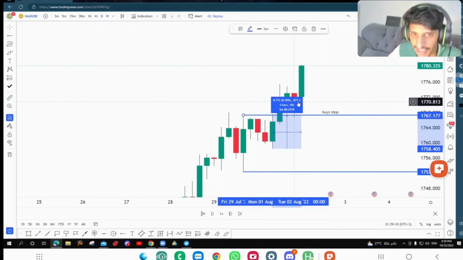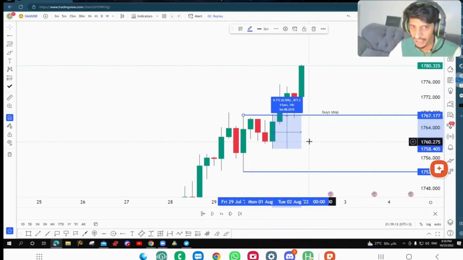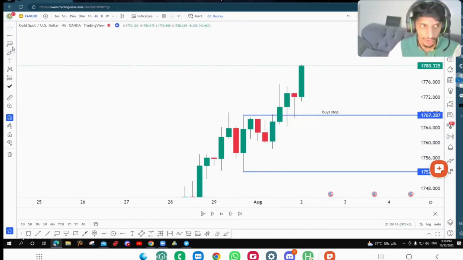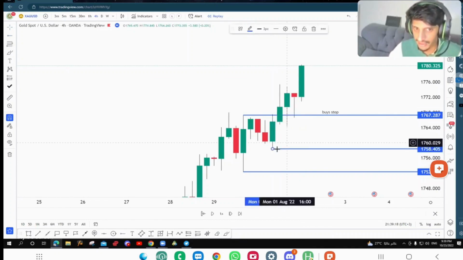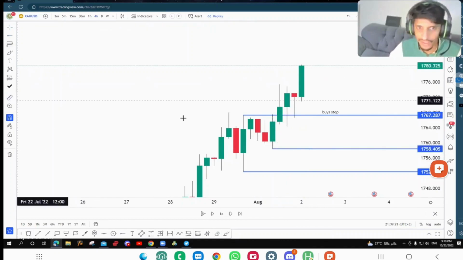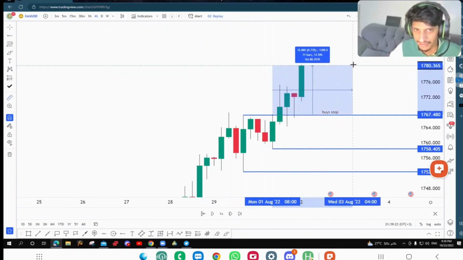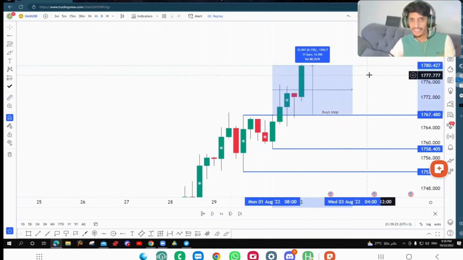This is an 87 pip stop loss. Let's take it. So what's your gain? This is 129 pips. We can say the risk reward is 1 to 1.5.